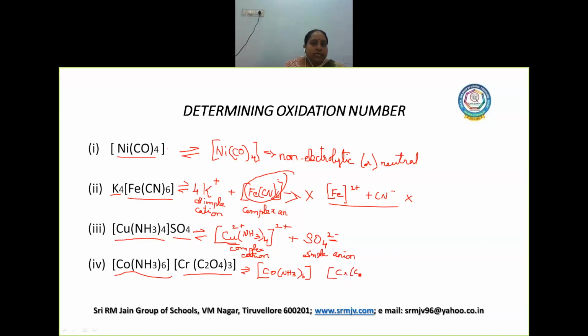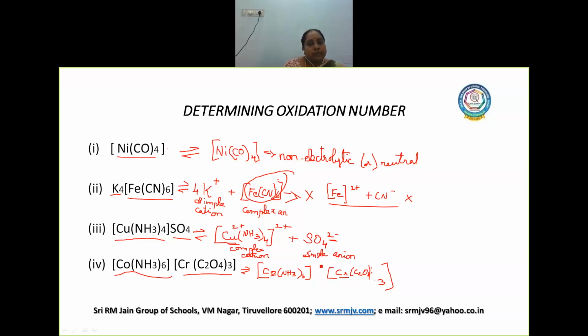In the first complex, cobalt is the central metal atom, and in the second complex, chromium is the central metal atom.